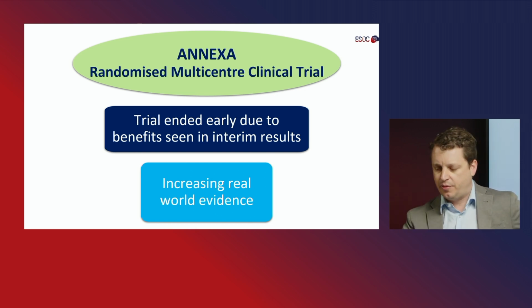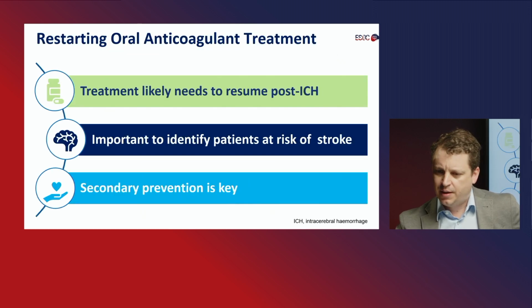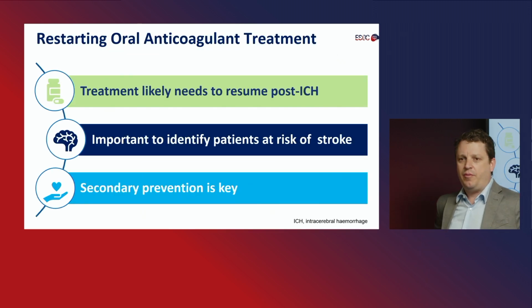And so now I think we have one issue that always comes up in this discussion. It's about restarting anticoagulation after an ICH. Do we have enough evidence that we can restart, and when we should restart?